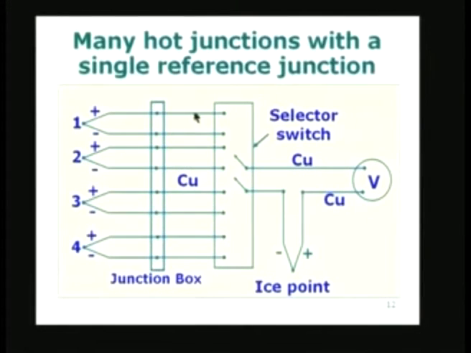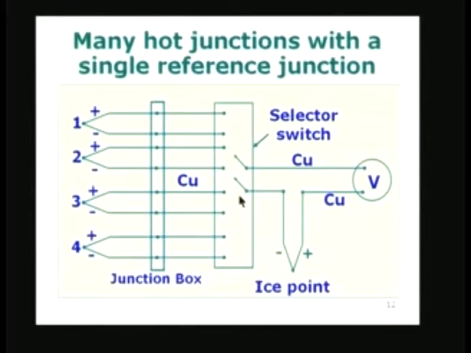And from the junction box I take copper wires, all these extension wires are copper wires, and then they go to another junction box, with a switch. So, these are the junction box points, and there is a switch which will connect any two of these terminals to the rest of the circuit.